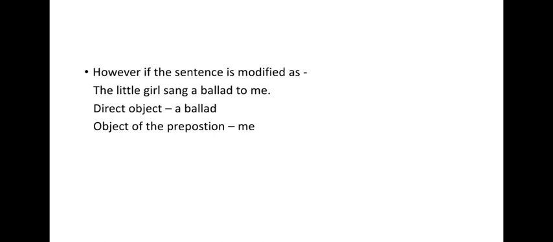Here the answer is ballad. Now here, ballad is the direct object, and also we have an object of the preposition. The preposition here is to. So after the word to, there is me. So here me is the object of the preposition, as well as we have a direct object.